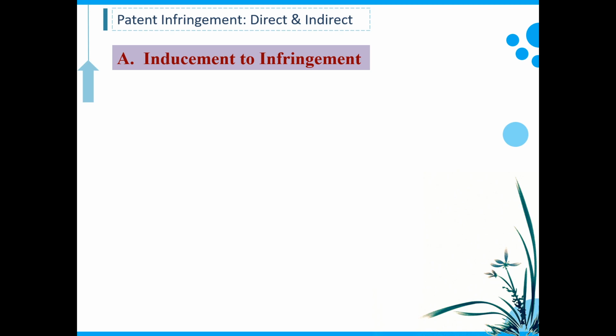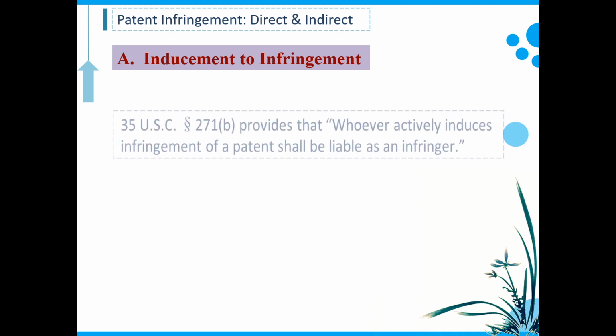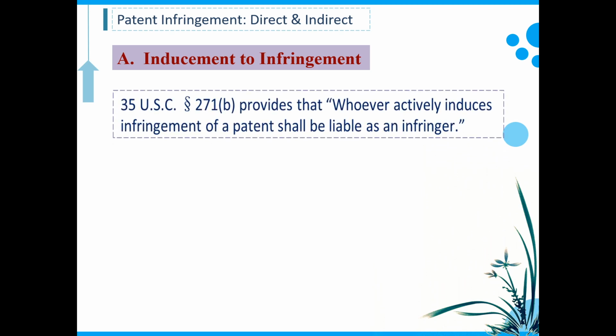Number one, liability for inducements to infringements. The secondary liability rules have been codified into the US legislation, Title 35 of US Code, which is the Patent Act of the United States.